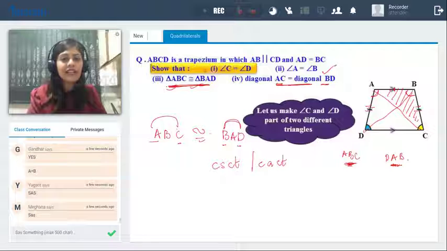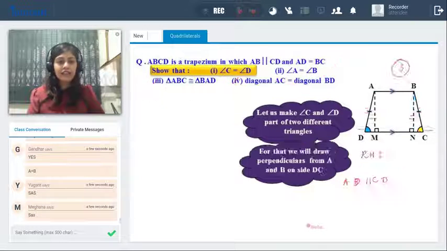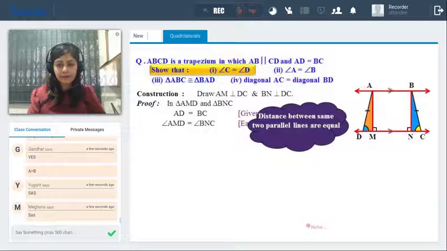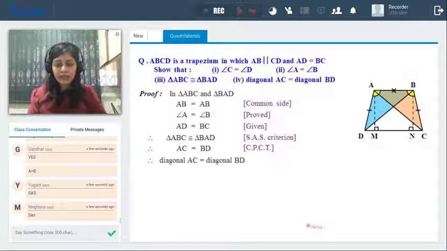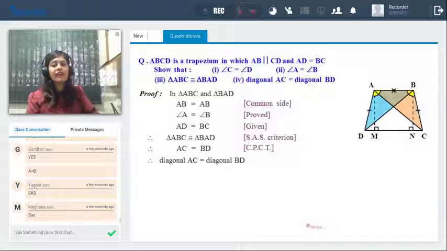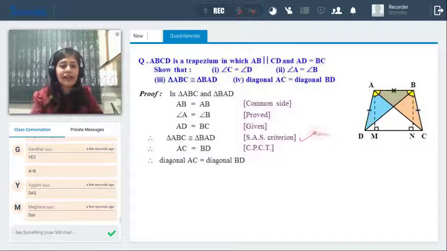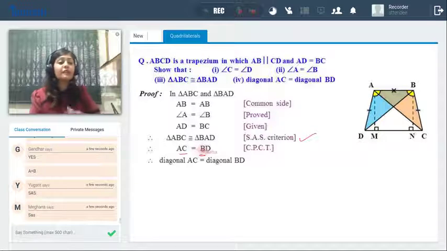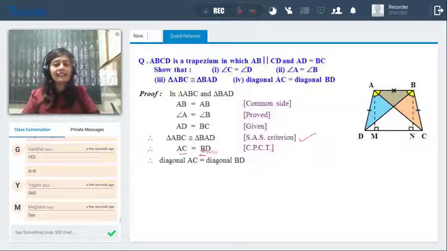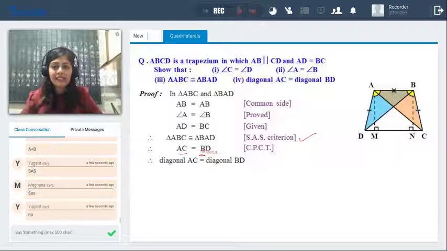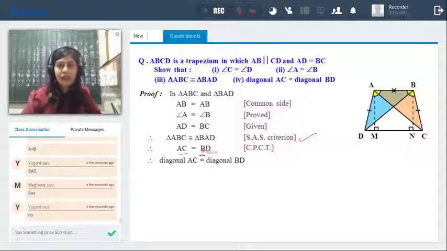So we have just now finished the third and the fourth part simultaneously. All right, so we have quickly proven these two triangles congruent by SAS test and AC equal to BD by CPCT. Anyone, any doubts with anything in this sum? Anything related to this sum? All right, no, okay.